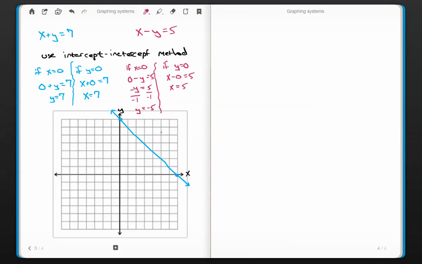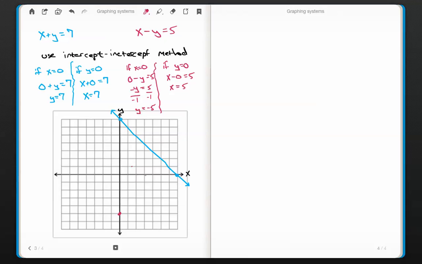Now we go over here to the red one, and then we say if x equals 0, y equals -5. So x is 0, which means we don't go left and right at all. And 1, 2, 3, 4, 5, like this. And then if y equals 0, so we're not going up and down at all, x equals 5.